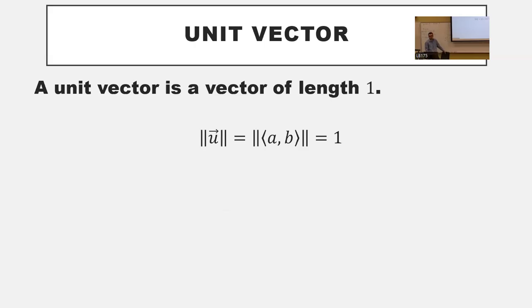Now, usually the way we use this tool is we use this tool to get unit vectors. I mentioned this earlier. I said we'd come back to it. We're coming back to it now. A unit vector is a vector whose magnitude is 1.